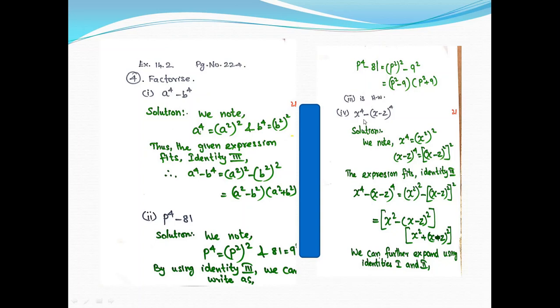Let us move to the fourth one. x to the power 4 minus x minus z to the whole power 4.